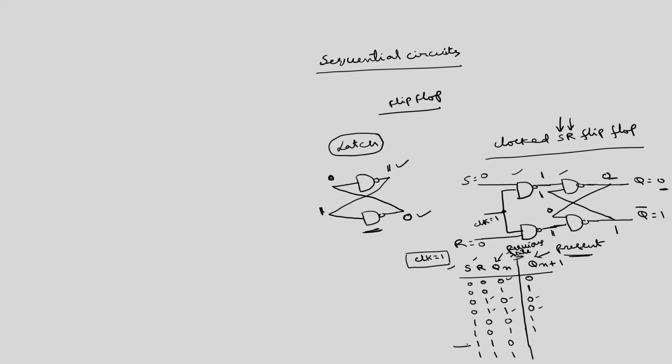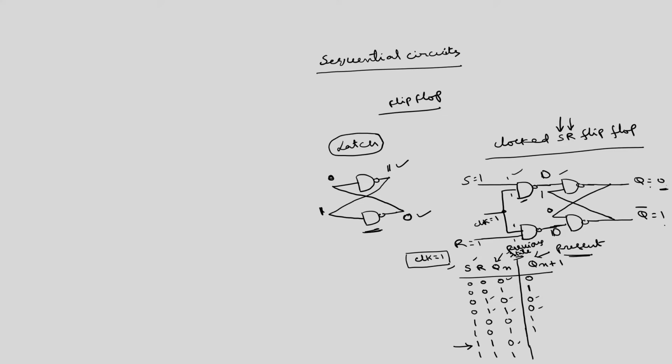Why is this 1 1 combination not allowed? If I take this example, I will take the previous state as 0. So, this previous state is 0, this is 1. So, this 0 is tied here, 1 is tied here, but S is equal to 1 and R is equal to 1. So, for this NAND gate both the inputs are 1, so the output is 0. For this NAND gate both the inputs are 1, the output is 0.